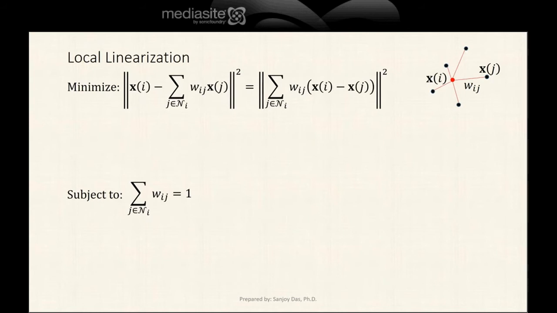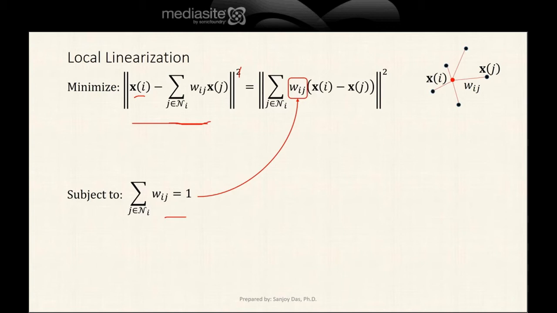So our goal is now to minimize xi minus summation wij xj. This is a vector, so we take its L2 norm squared, which we want to minimize, subject to this constraint, summation wij should equal 1. Since summation wij equals 1, I can take this inside this summation.